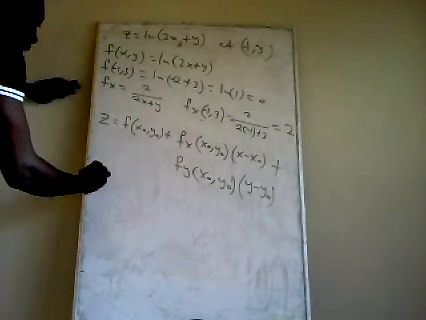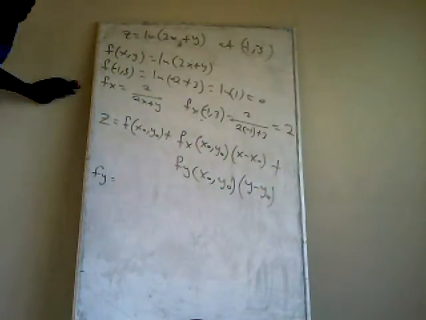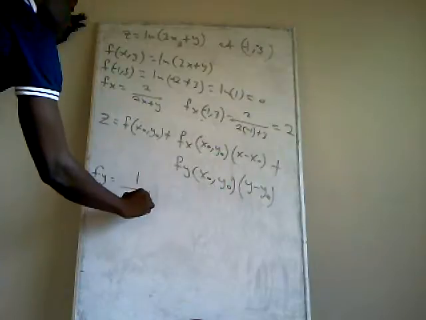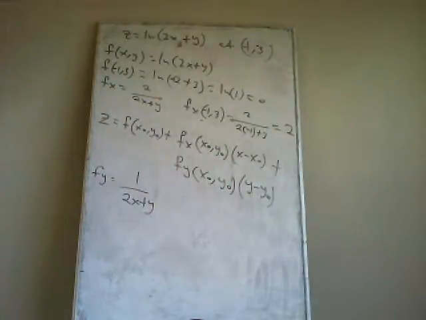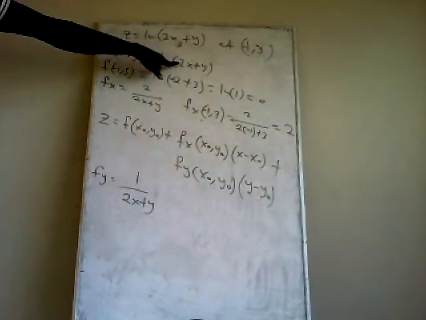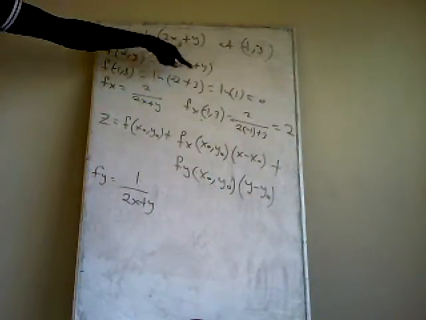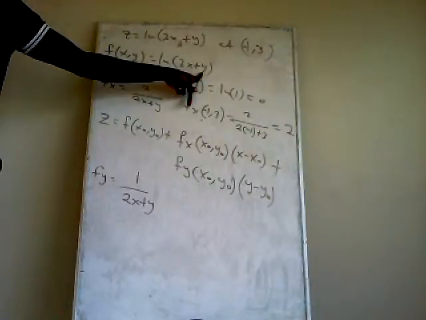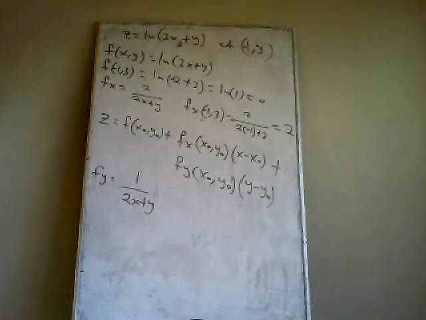Next, I find fy, which is 1 over 2x plus y, and differentiating what is inside with respect to y gives 1.